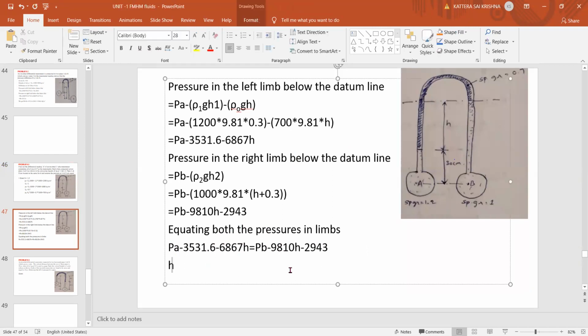We'll get H equal to, since PA equals PB, so PA and PB get cancelled. So H equal to, calculate it. You can take this 9810H this side and take the other term to that side, so you will get the H term. H equal to, calculate it please.